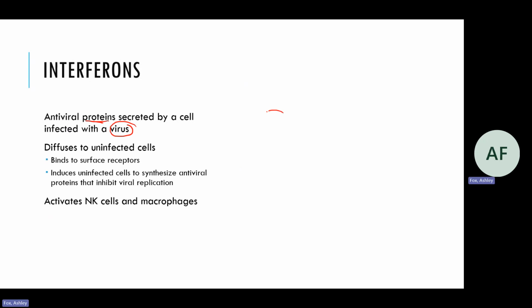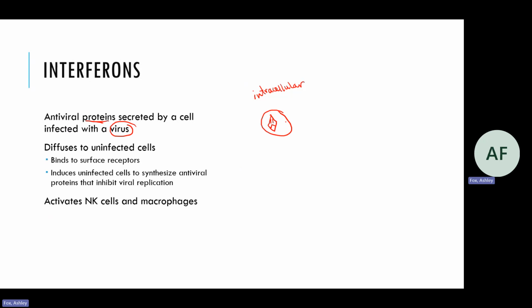When a normal cell, we have viruses that are intracellular. So they go inside the cell. Viruses go inside the cell. They use the cell's DNA to reproduce and use the cell's machinery to reproduce themselves. So if you have a virus that's inside a cell, the cell is going to recognize, hey, I'm infected by a virus, I'm done for.